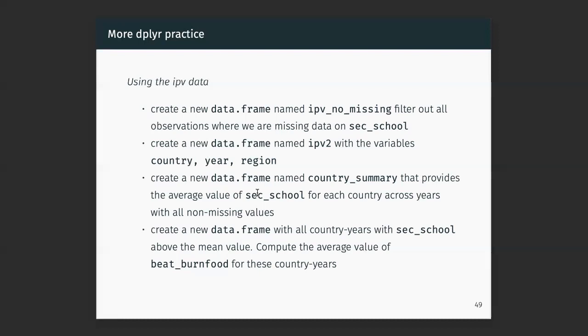We created this new object called IPv, so it's already stored in your computer. You can see that we have 3 fewer rows than the one with the missing values. So you drop those. That's what question 1 asks. You created a new data frame called IPv no missing that filters out the ones with missing values.